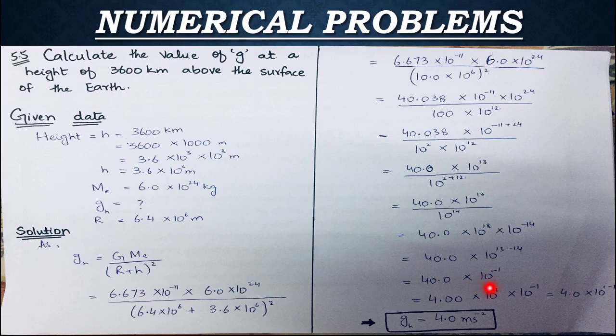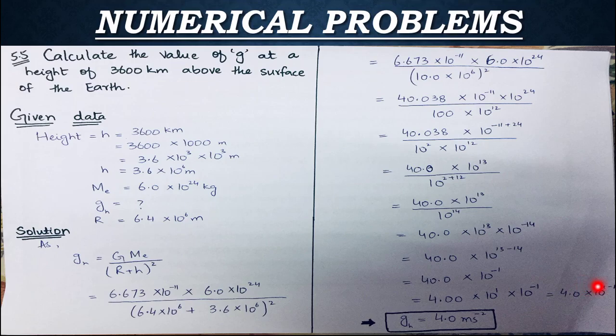Now 10 raised to the power plus 1 multiplied by 10 raised to the power minus 1. Both have the same bases and the powers will be added. It will be 10 raised to the power 1 minus 1, which will be 10 raised to the power 0. And we know that if the power of any number is 0, then the answer will be 1.